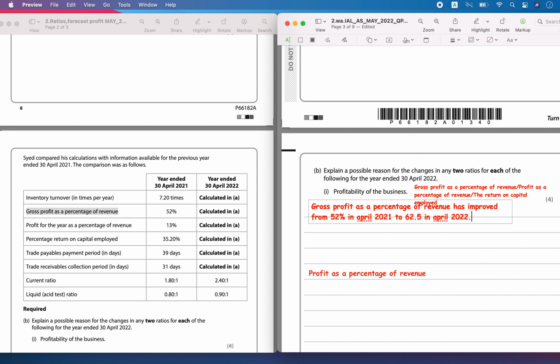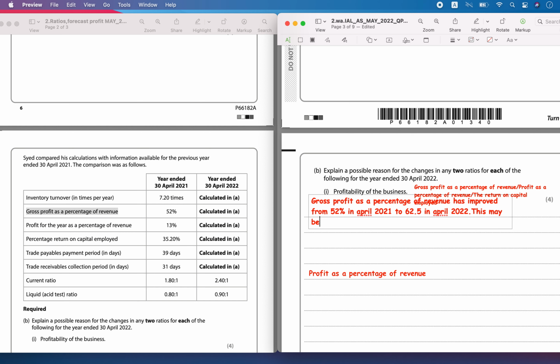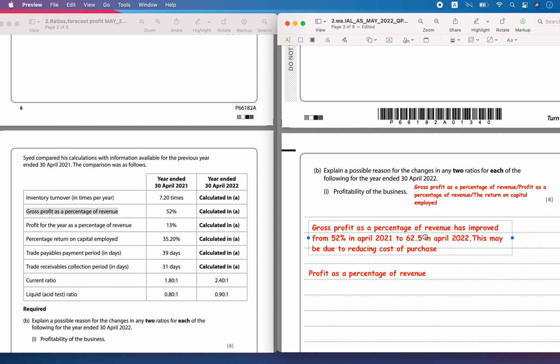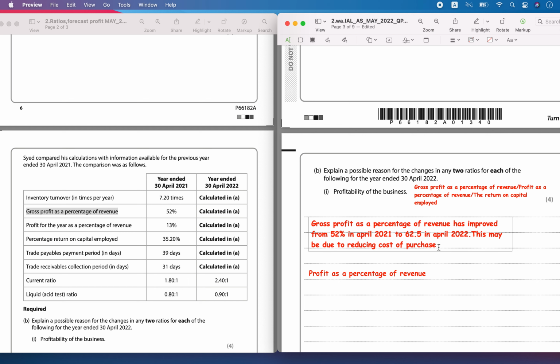So this may be because of either a reduced cost of purchasing, or there must be an increased selling price. So this may be due to a reduced cost of purchase or an increased selling price.